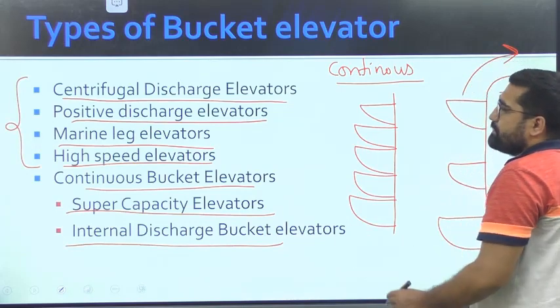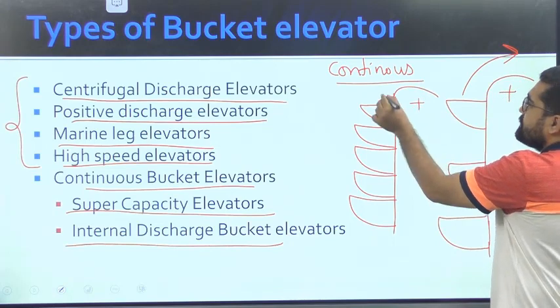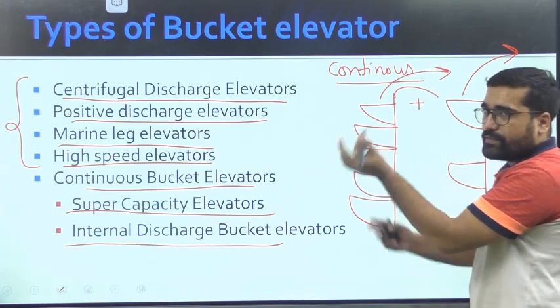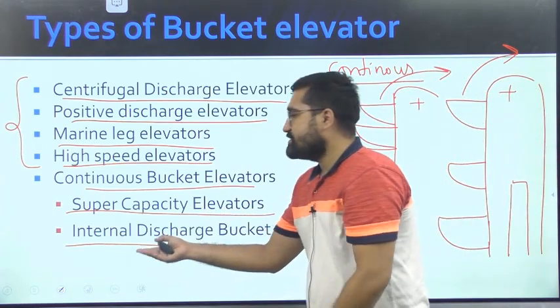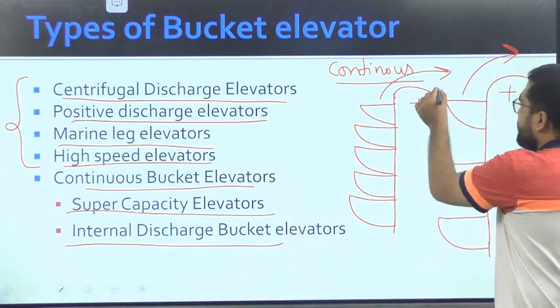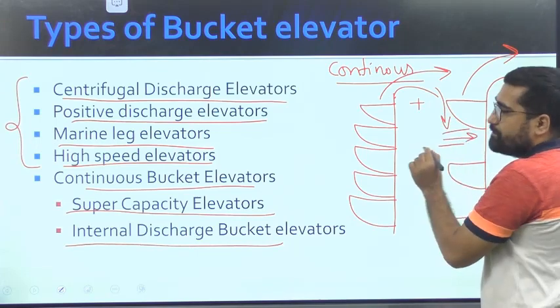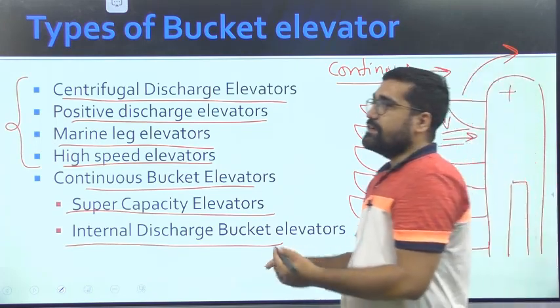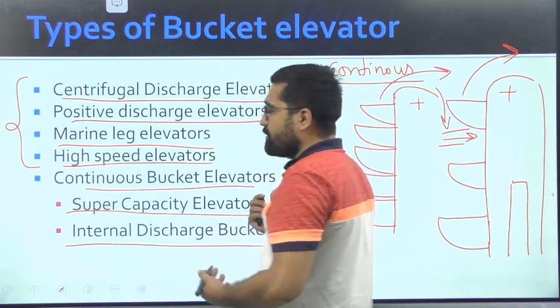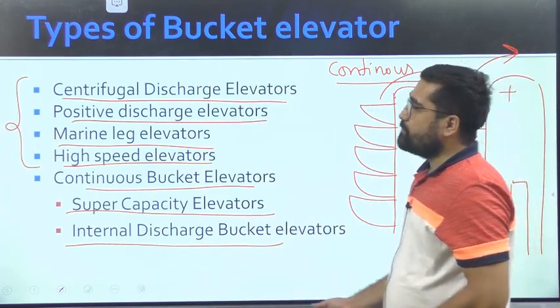So super capacity bucket elevators are the elevators which throw the material out of the bucket elevator, whereas internal discharge bucket elevators will throw the material inside the elevator, and with some means we have to take the discharged material from the top end to outside of the bucket elevator. So these are the different types of bucket elevators.